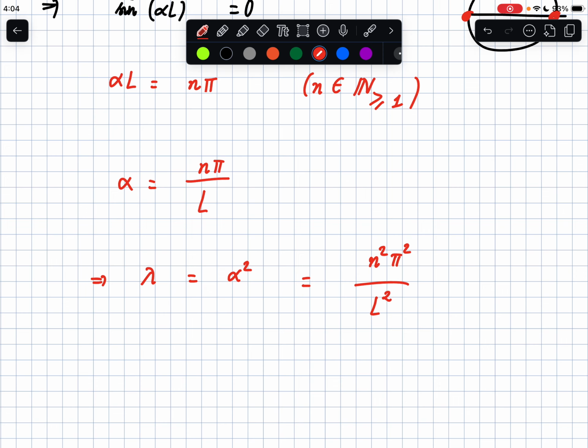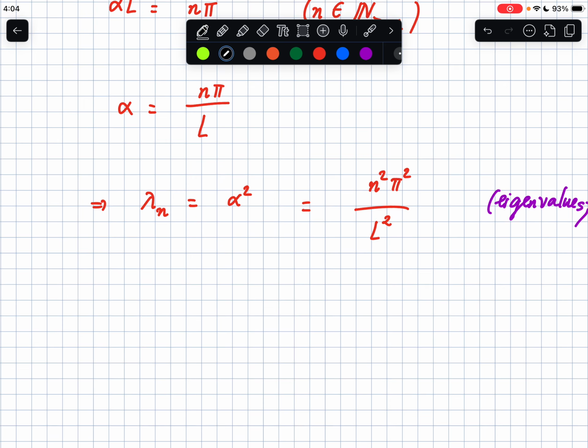We have so many n, therefore I will just write lambda n. For given n, we have one lambda n. These are our eigenvalues, lambda n for this problem.